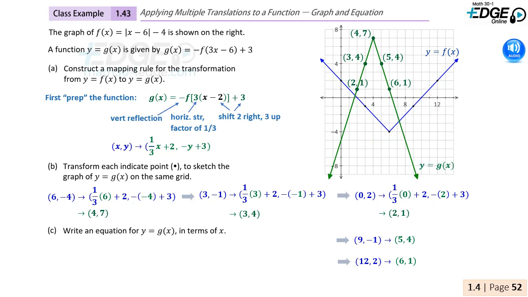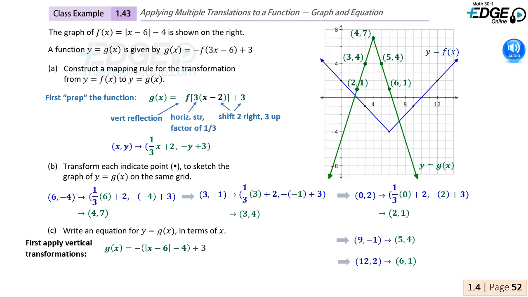In the end, we see a reflected, stretched, and translated absolute value function. Now we'll find the equation for g of x in terms of x. This means taking the original equation and applying the transformations to them.